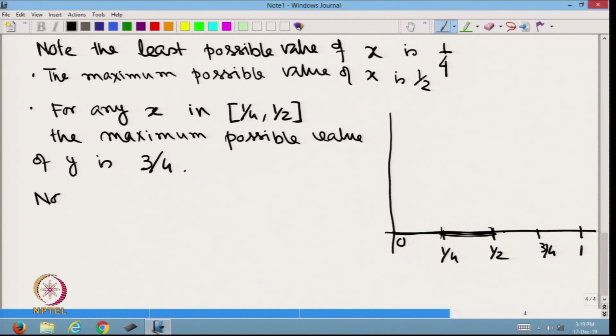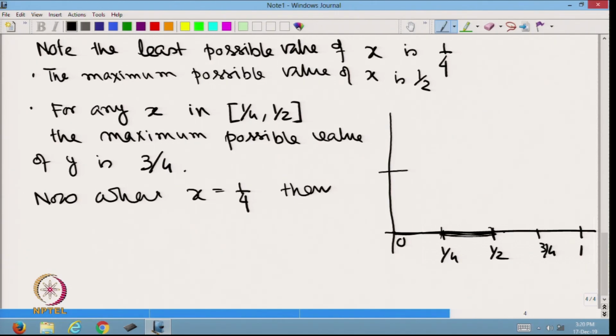Now, when x is equal to 1 by 4, then y can take any value from half to 3 by 4. It cannot be less than half, because in that case this segment is going to be of length less than 1 by 4. It cannot be more than 3 by 4 as we have discussed.